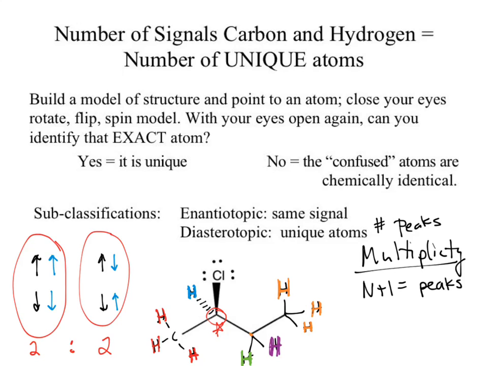So we'll end up with 2 sets that are equal in intensity and 1 set that is twice as much, with twice the possible states. So in the case of 2 neighbors, we get 3 peaks and a slightly different peak pattern.